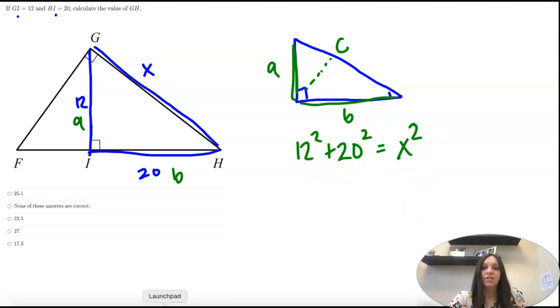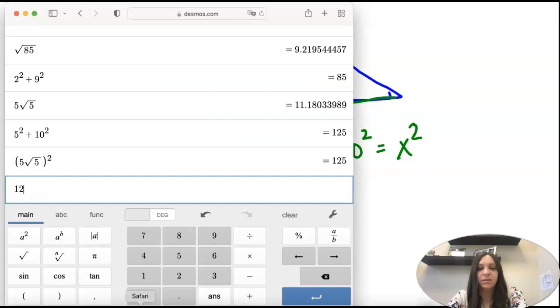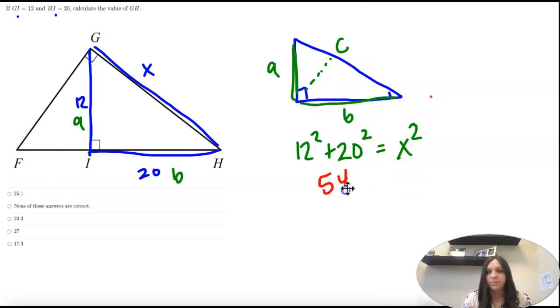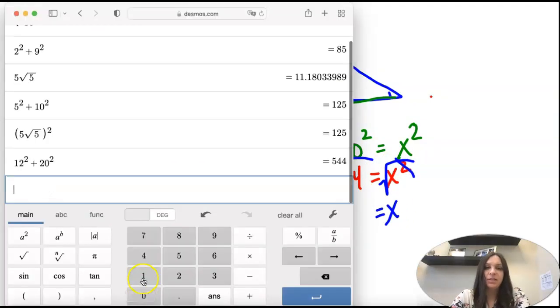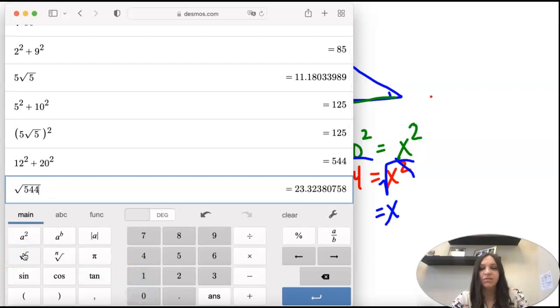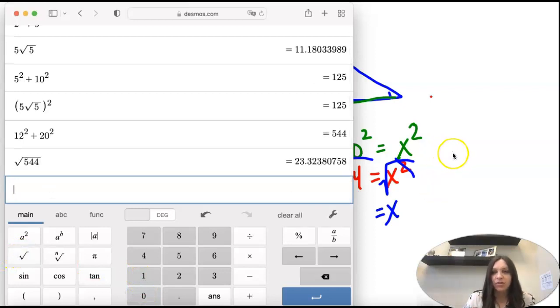Let's put this in our calculator. 12 squared plus 20 squared is 544. I don't want x squared, I want x. So to get rid of the square, we take the square root of both sides. Now we just have x. And the square root of 544 is 23.2.